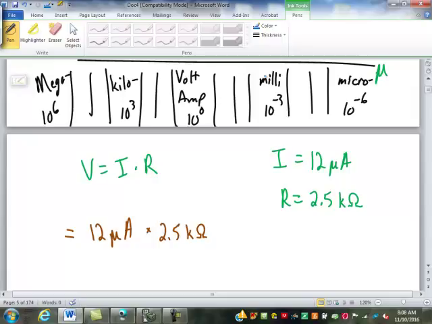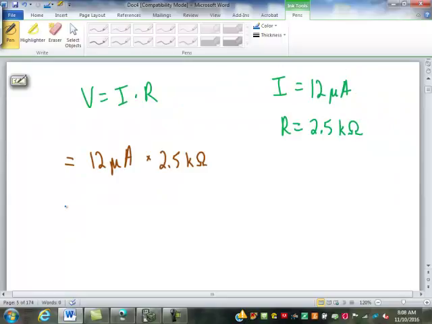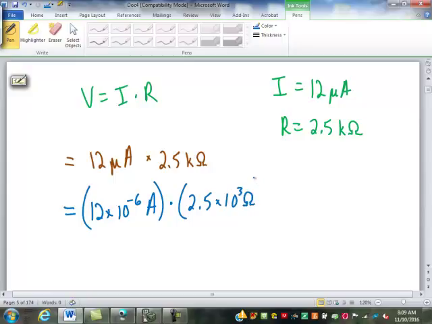This can be done by using engineering notation in place of the metric prefixes. So instead of 12 microamps, that's 12 times 10 to the negative 6 amps, multiplied by 2.5 kilo ohms, which is 2.5 times 10 to the positive 3 ohms.